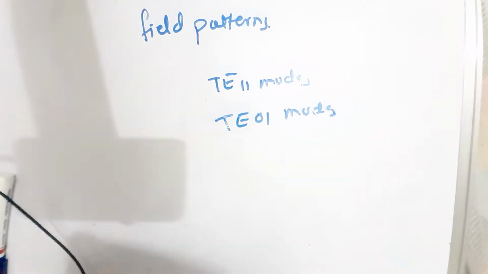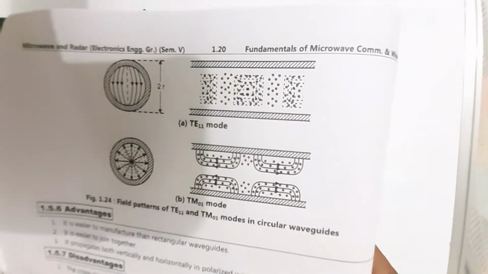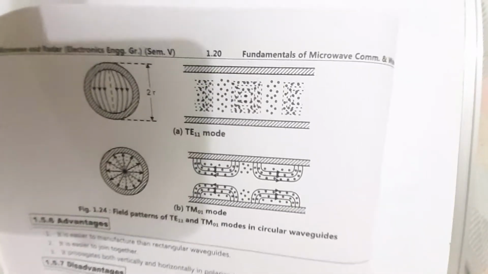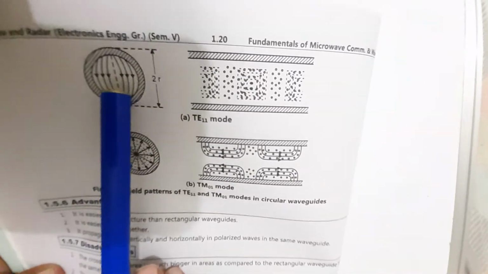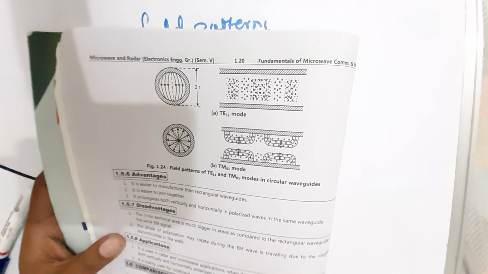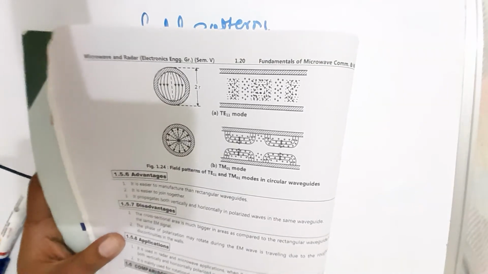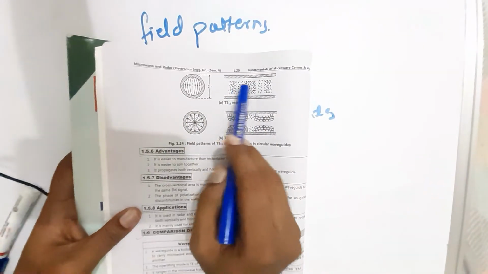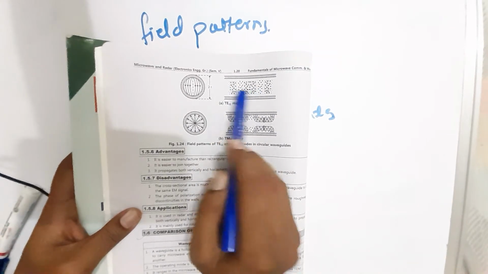If you look at the figures here, the vertical lines represent the electric fields, and this represents the magnetic fields.